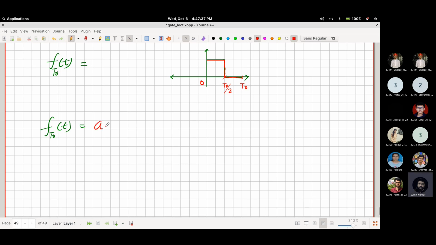So I can write a naught, plus a1, plus a2, plus a3, and this is going to be dot dot dot.